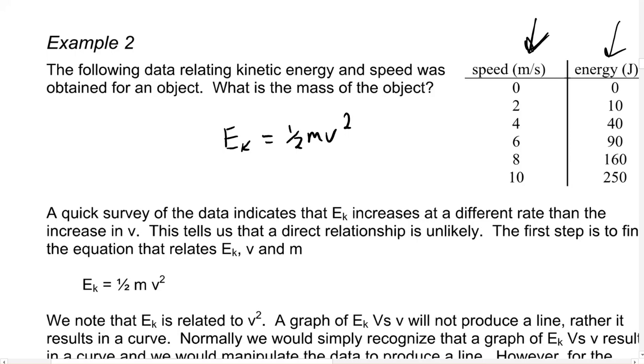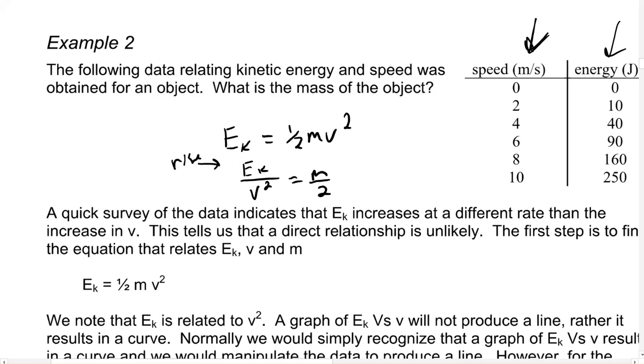If I was looking for mass, let's rearrange this: 2E_K over v squared is equal to m. You might say, okay, there's my rise. Actually, I'm going to leave the 2 down here.